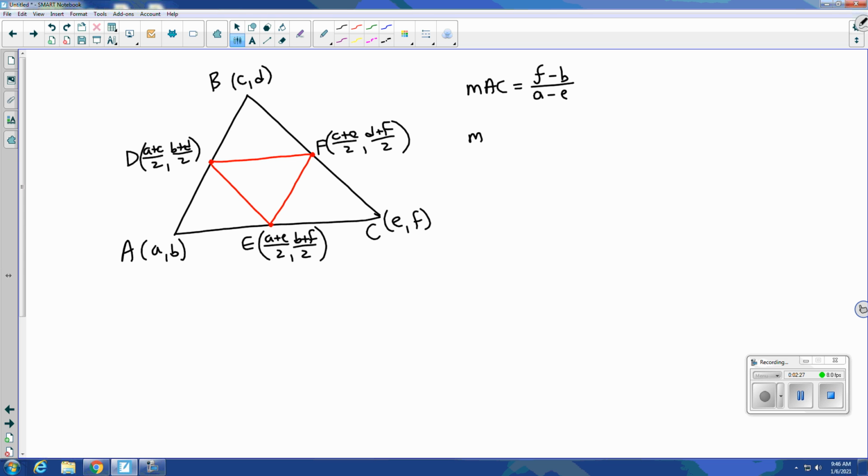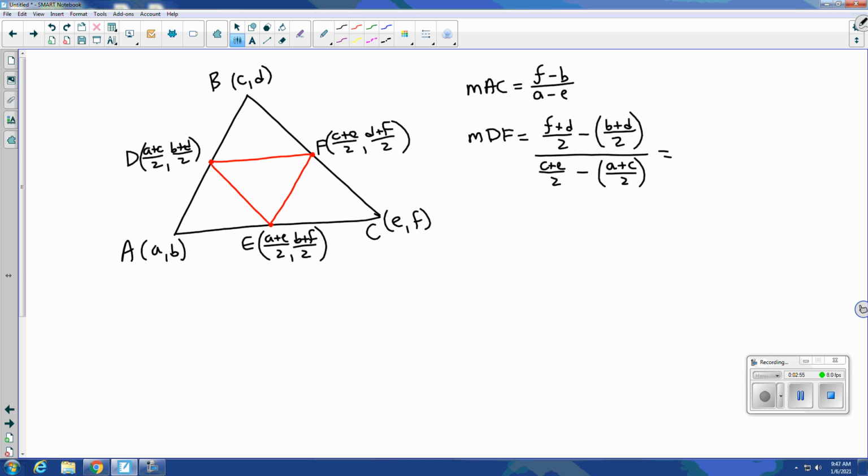The slope of DF, let's see if that ends up being the same. We have change in y, which is F plus D over 2 minus B plus D over 2, all over the change in x, C plus E over 2 minus A plus C over 2.